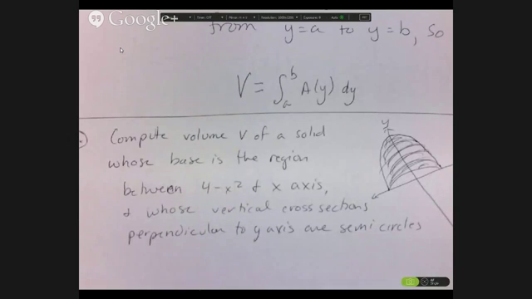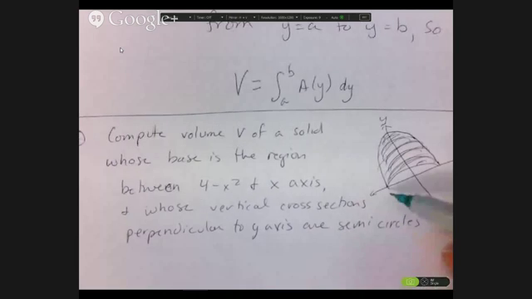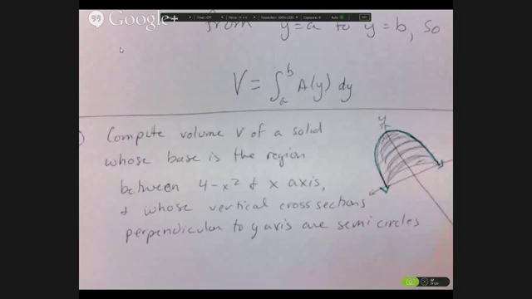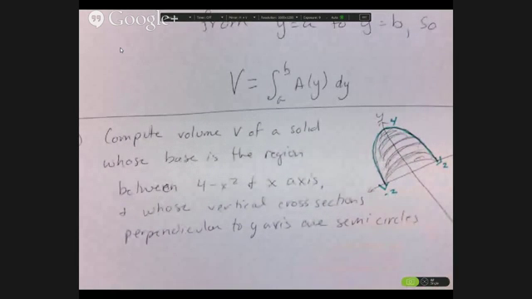Okay, so again, interpreting is half the battle. So here's the parabola. And the cross sections perpendicular to the y-axis are semicircles.